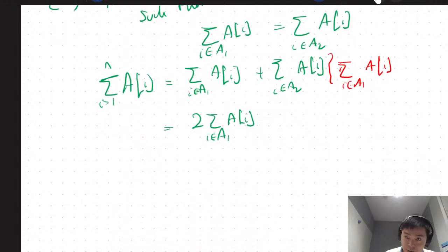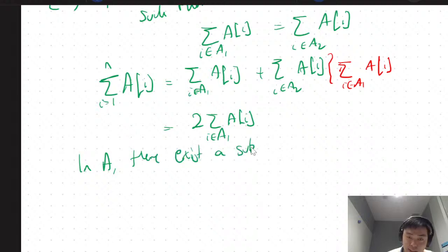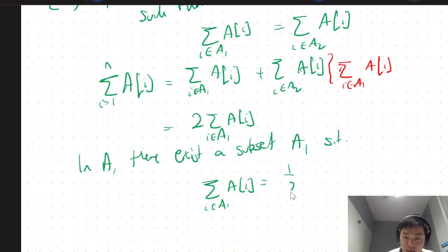And so what we can do is, well, in A, there exists a subset, let's call it A1, such that the elements in A1 sum to half times the total sum.